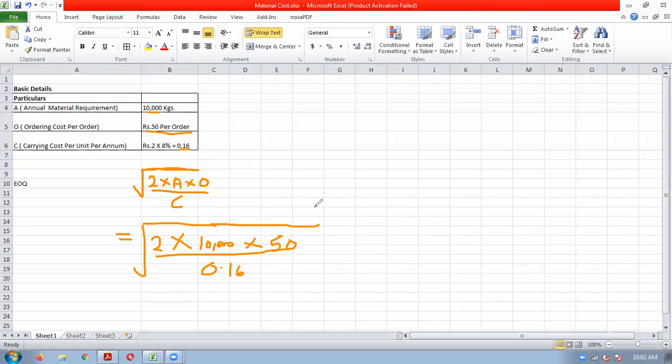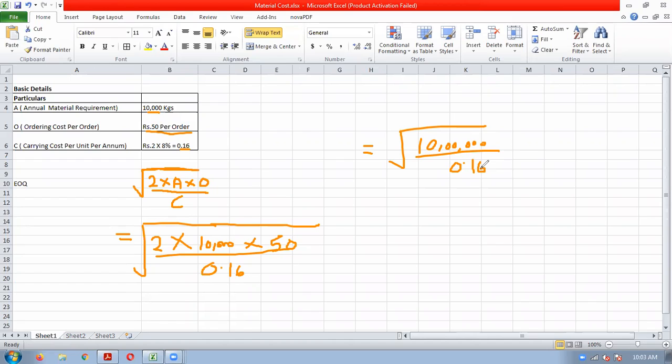So how can you solve? See, solve this portion first under the square root. 2 into 10,000 into 50. How much is it? 10 lakhs. Divided by 0.16.